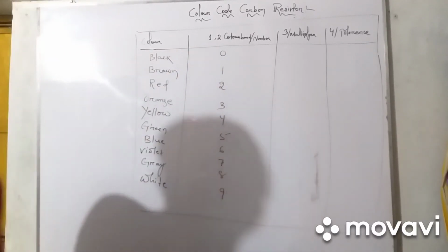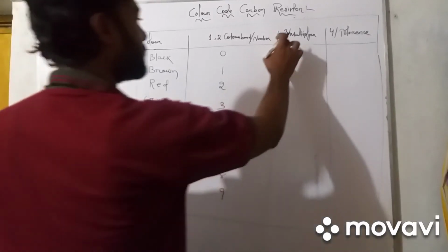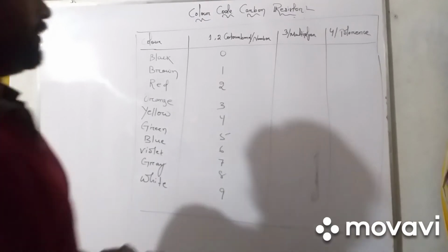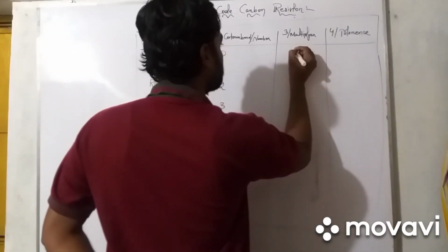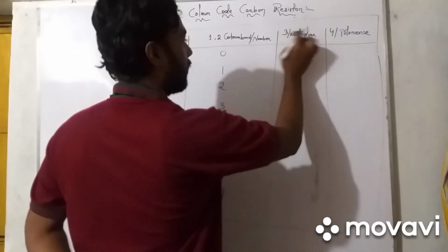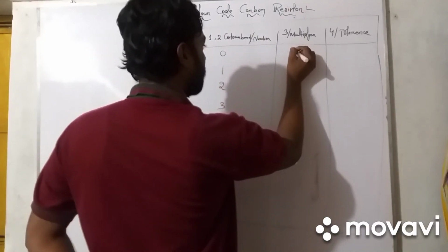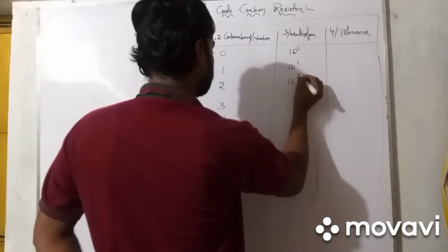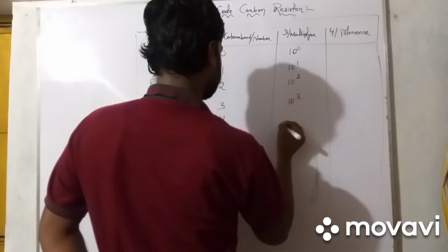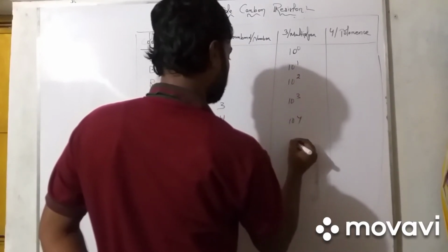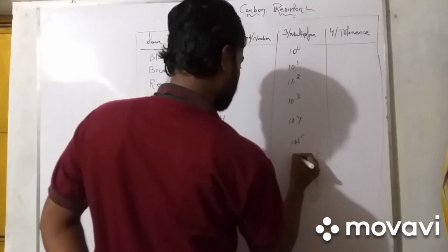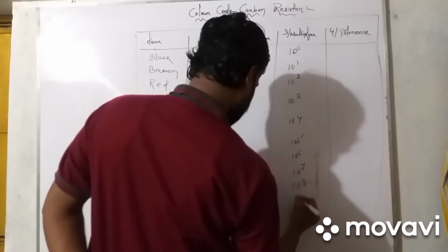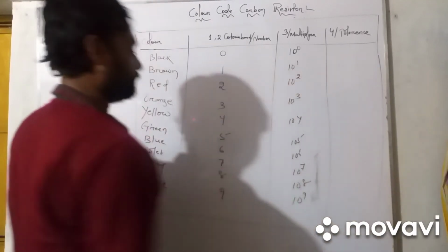The third color band represents the order of that number, that is the multiplier. The multiplier is 10 to power 0, 10 to power 1, 10 to power 2, 10 to power 3, 10 to power 4, 10 to power 5, 10 to power 6, 10 to power 7, 10 to power 8, 10 to power 9.